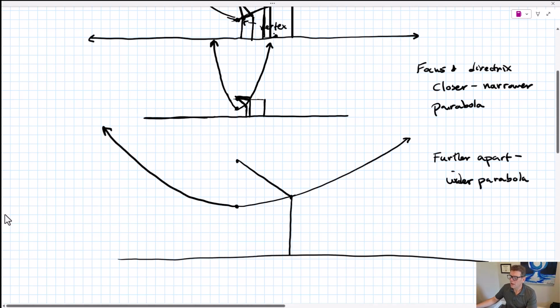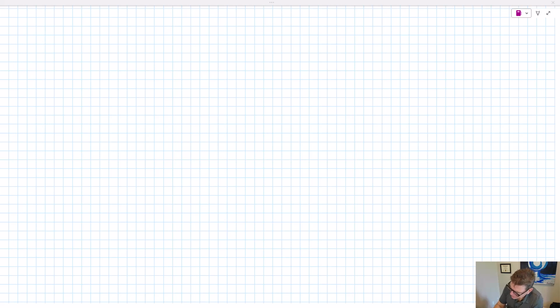What happens now if instead I flip the focus and the directrix, if I put them in different areas? So let's first put the directrix above the focus. So now say there's the focus, and so here's our vertex.